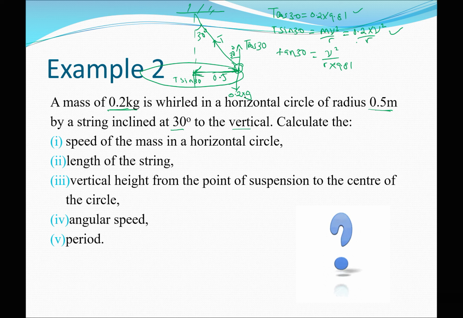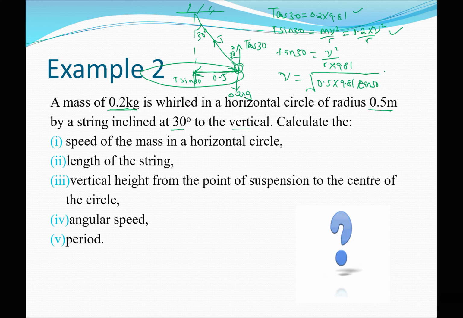So I make v the subject, so it means v is going to be the square root of r, which radius is 0.5, times g, which is 9.81, times tan of 30. So I'll just press my calculator.